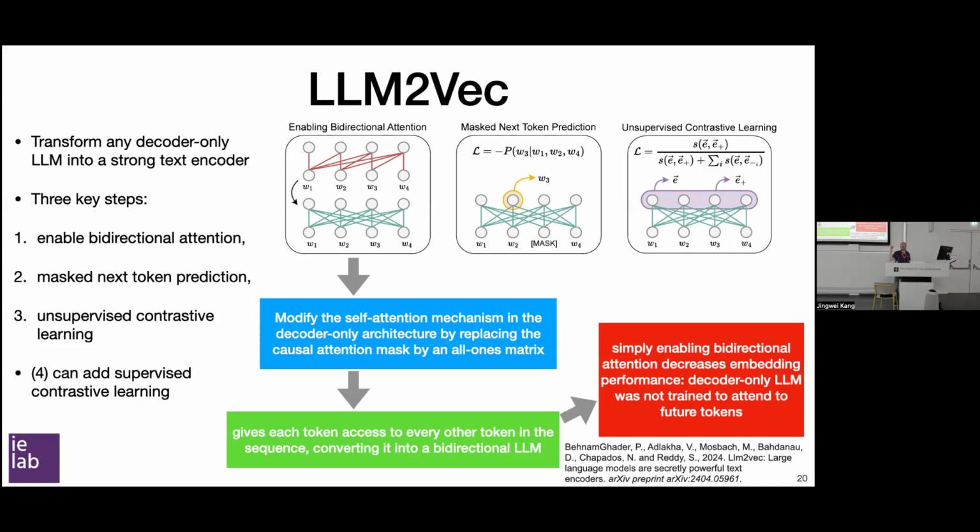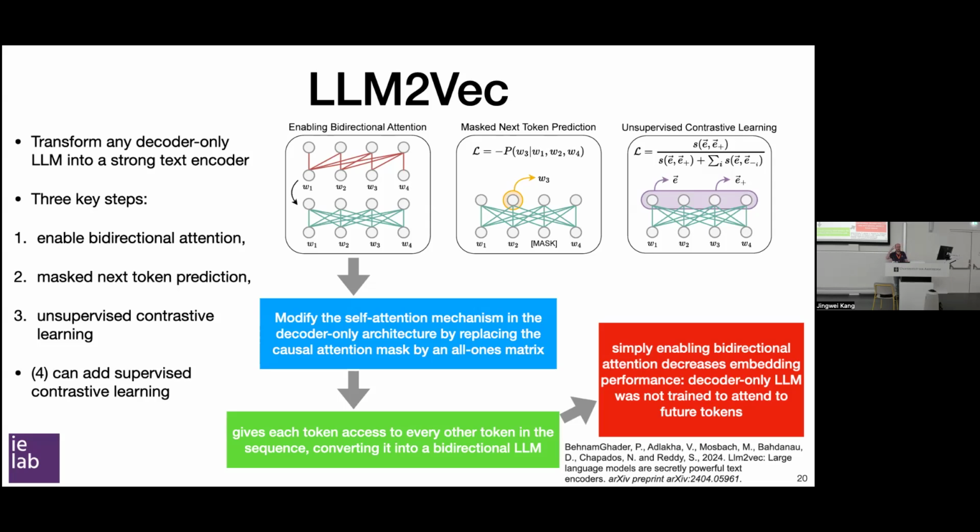So I think from the first day, you would have learned that these decoder-only language models don't have bidirectional attention, right? They switch it on instead. Then they do next token prediction to make the bidirectional attention work, right? And then they do some contrastive learning. The contrastive learning can either be done unsupervised, or optionally, you can even do it supervised, so with labels.